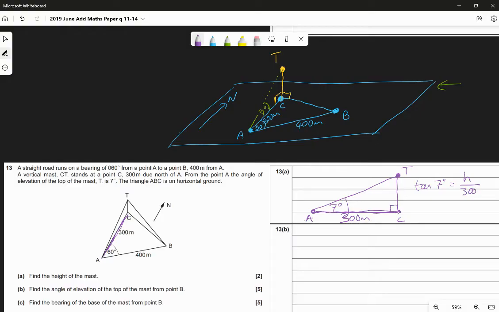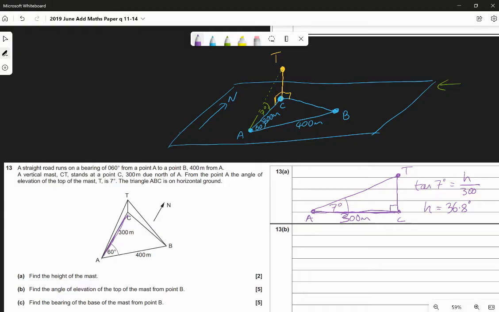So if I do 300 multiplied by tan 7, that would give me H. So H is 300 times tan 7, which is 36.8 to 1 decimal place. Let me just check my workings because I did that earlier. 300 times tan 7. Make sure your calculator's in degrees mode.